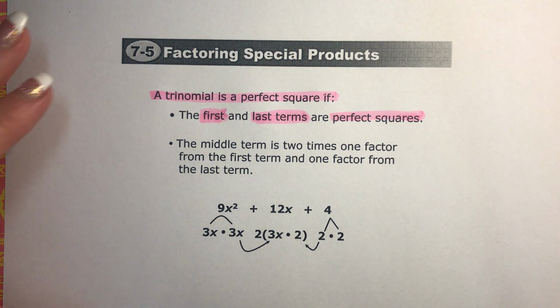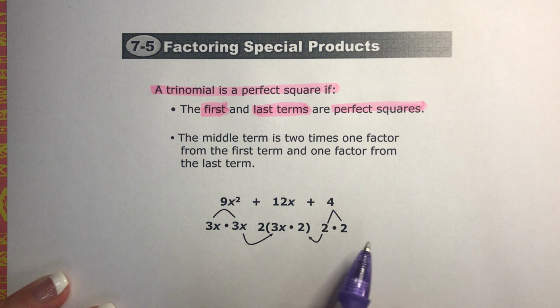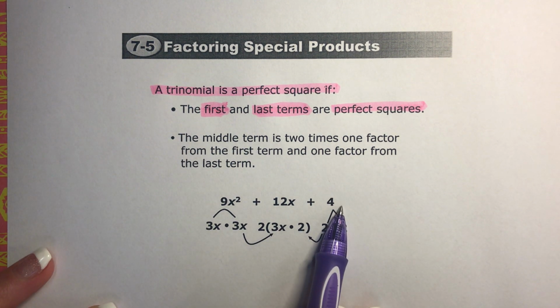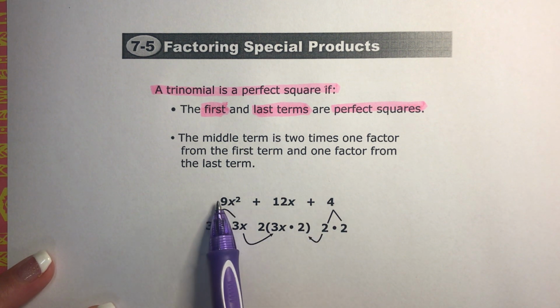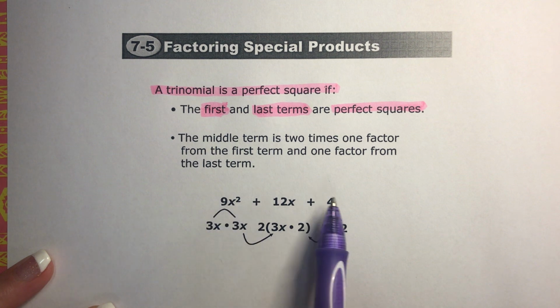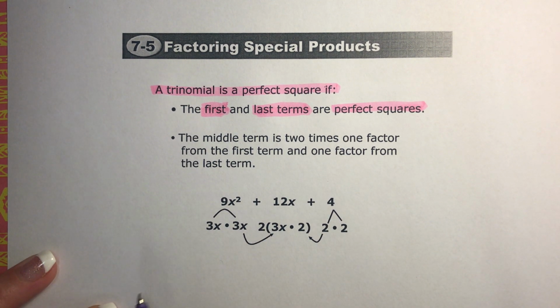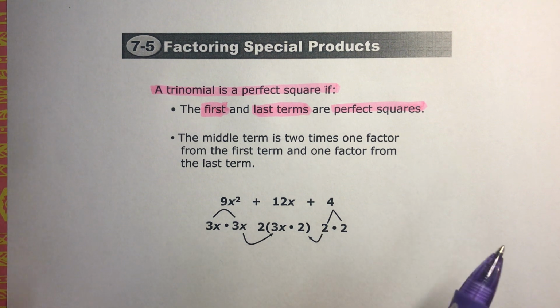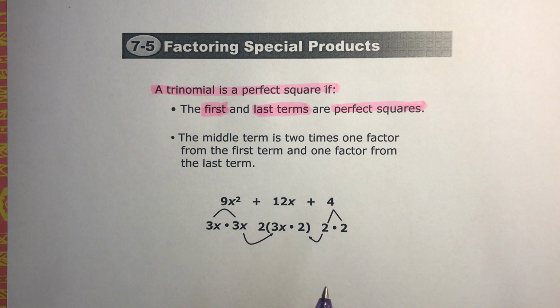When we have this problem right here, 9x squared plus 12x plus 4, we know that we could solve this with our factoring process, taking the factors of 9 and the factors of 4, and those are going to add to get 12, right? So we have to do that whole process, which we did last section, because there's a number in front of the x squared.